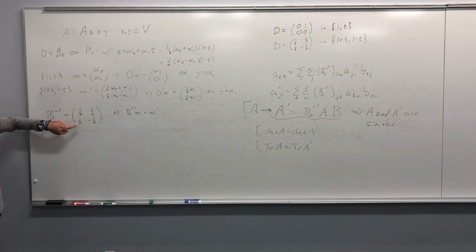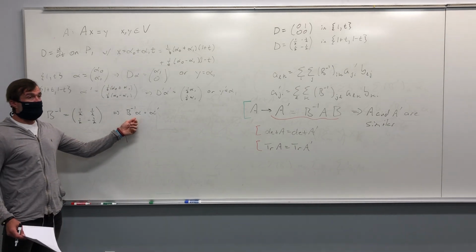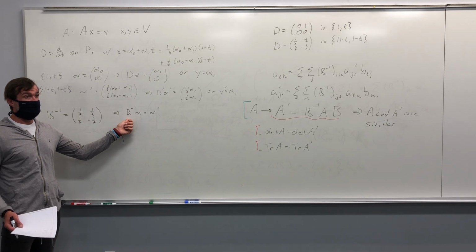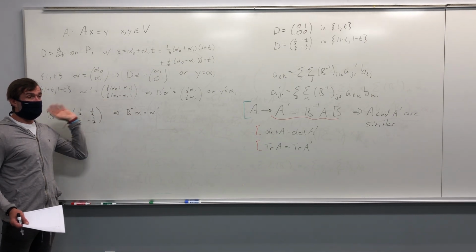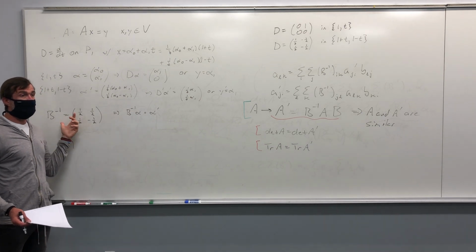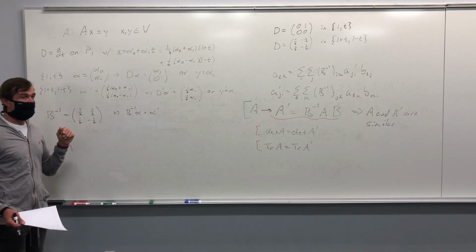Hit this with this, you get this. Everybody see that? And remember, this is how the coefficients change. They change with a factor of the matrix inverse. It was written before with all the subscripts, but I'm trying to leave that out because we've got matrices to work with. Okay?